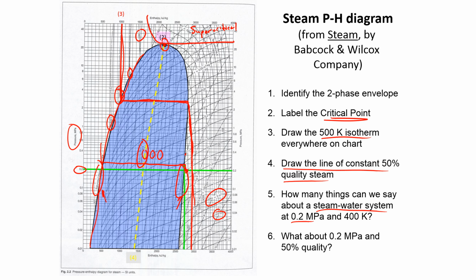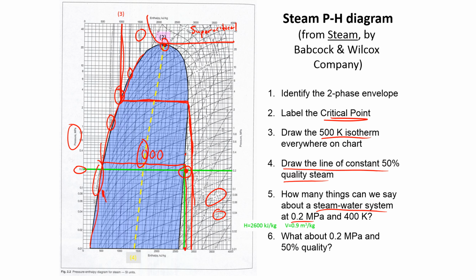So we're going to be right at this point, 0.2 megapascals and 400 Kelvin. It's going to be saturated steam, 100% vapor. We can also draw this line down and get our enthalpy. That's about 2,600 kilojoules per kilogram.